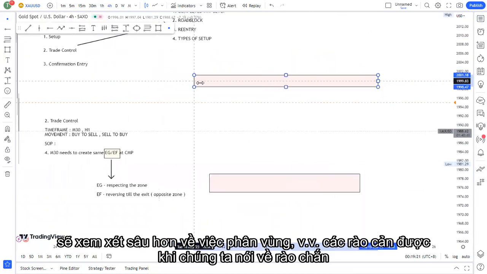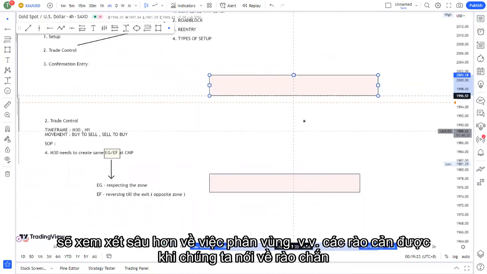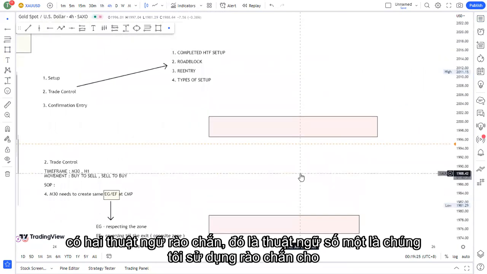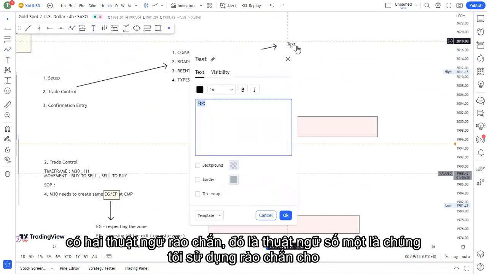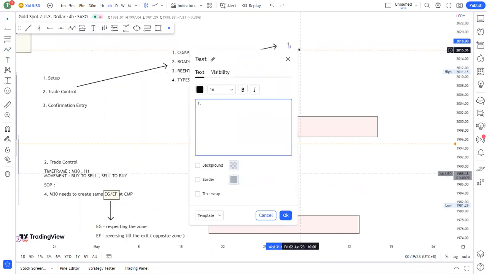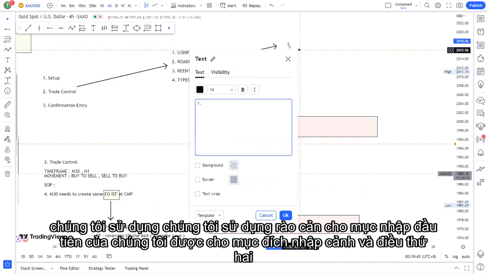The roadblocks. When we talk about the roadblock, there are two uses of roadblocks. Number one, we use roadblock for our first entry, for entry purposes.